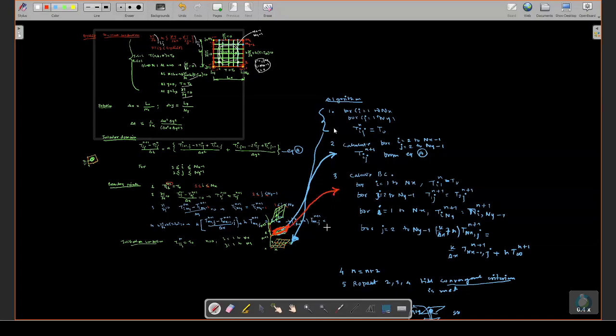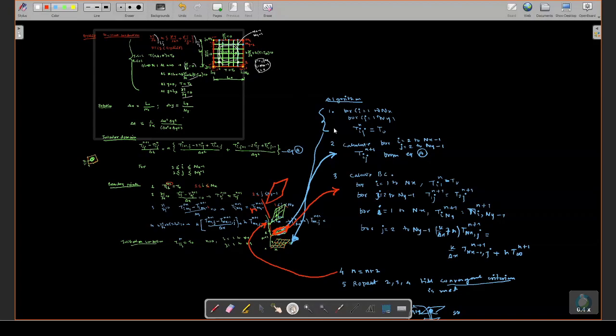Next is this fourth one, where we say let us go to the next time. Once we go to the next time, again we do the interior, then the boundaries. Then again we change n, so we move to another n, and again we calculate the interior points and boundary points. We keep on going in n till we reach steady state. You understand this algorithm? Can you imagine how the algorithm is moving?